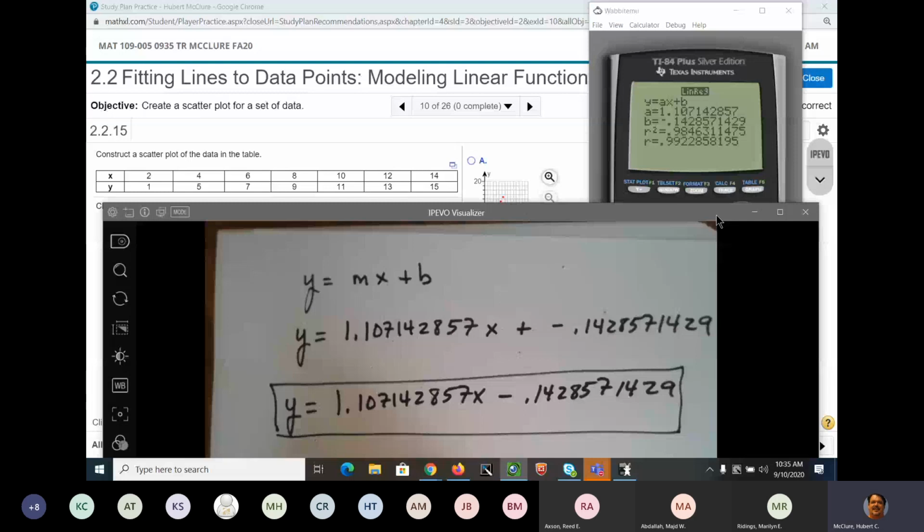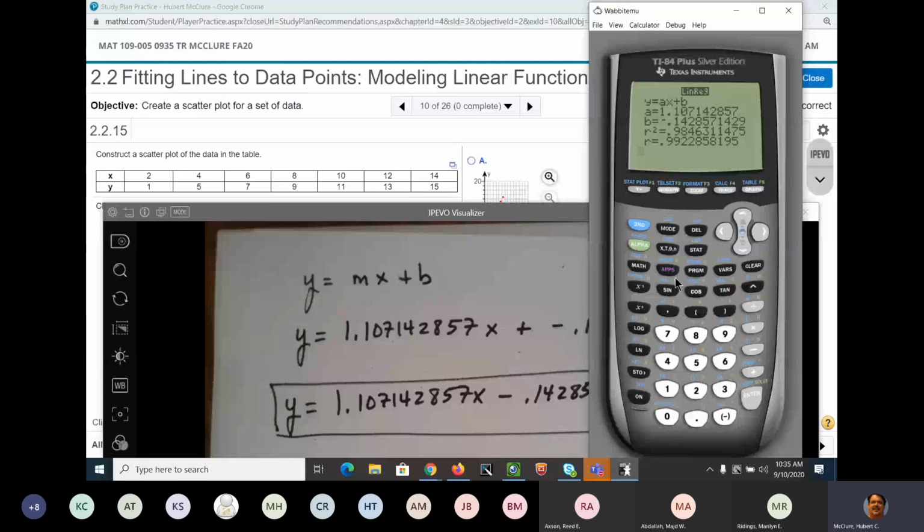Now you can take your handy dandy calculator and you can type that in. Y equals 1.107142857x. Don't hit the X key, you got to go up here.